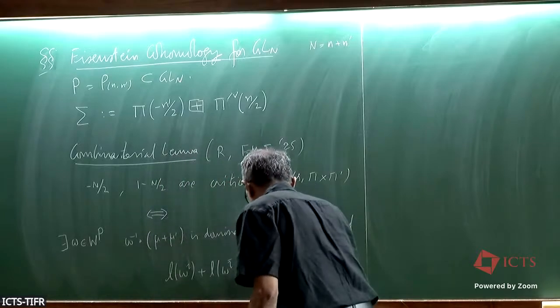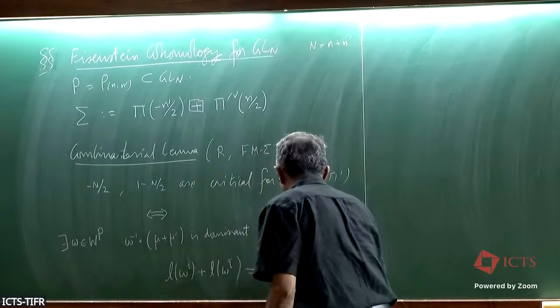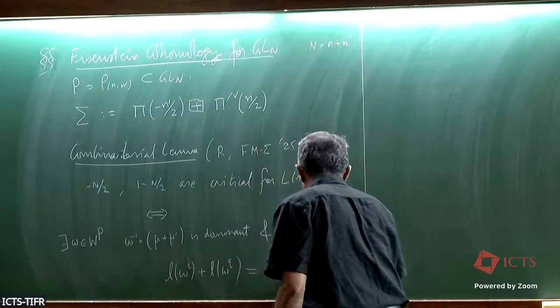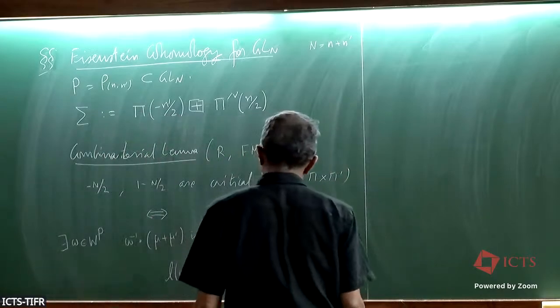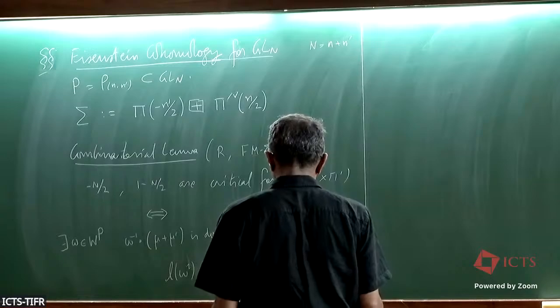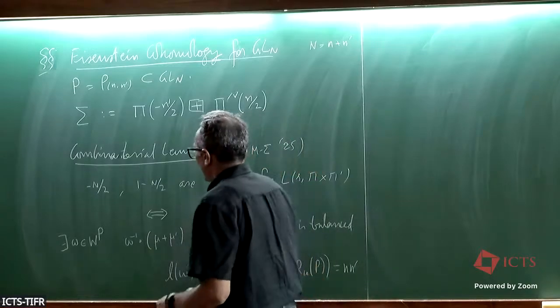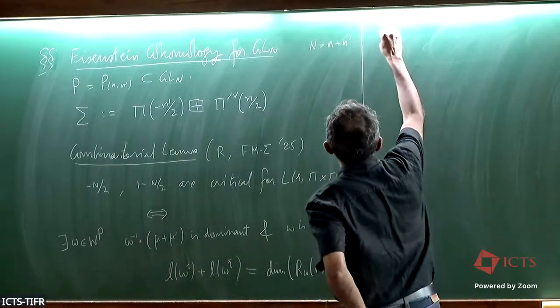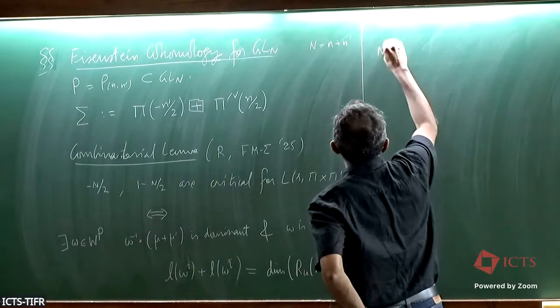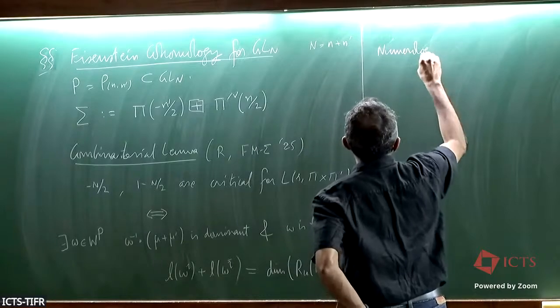This would be the dimension of the unipotent radical of this parabolic, which is just n prime.